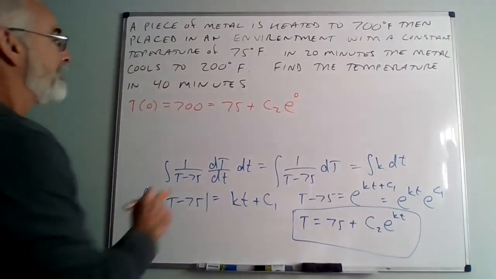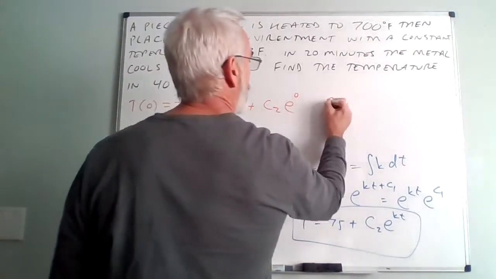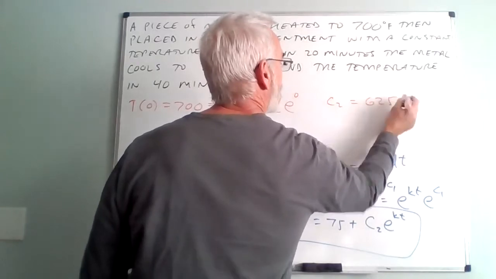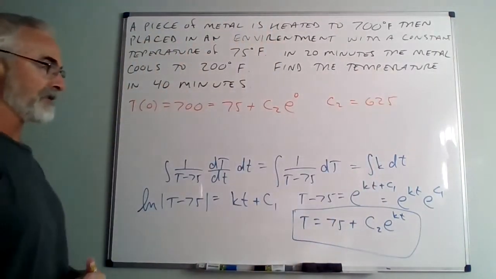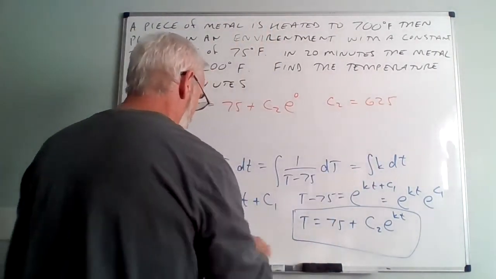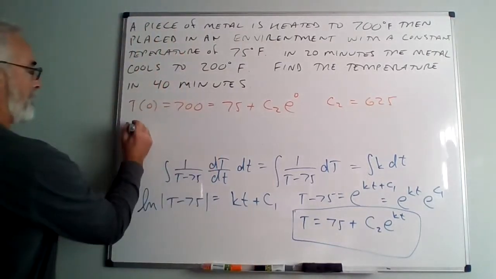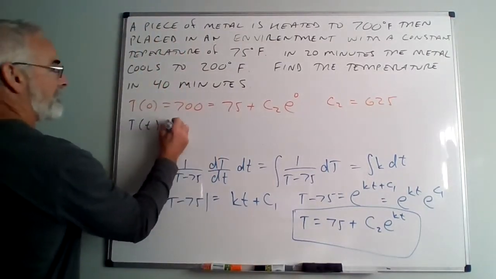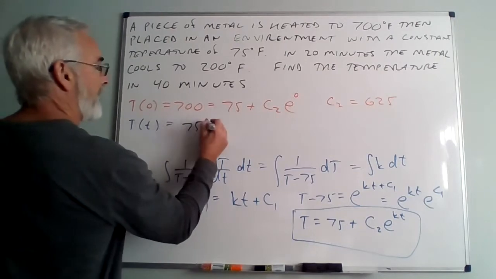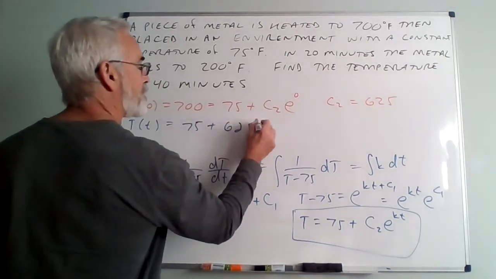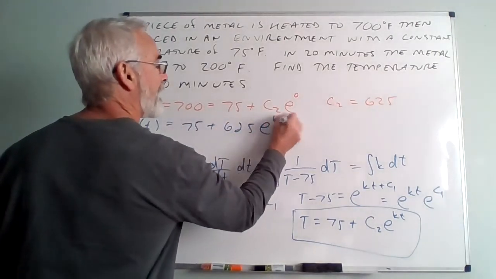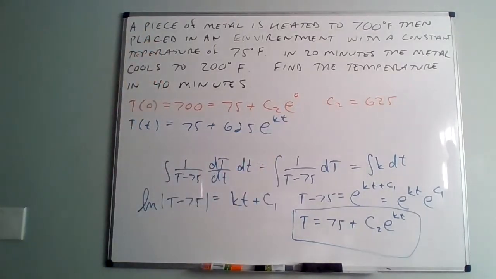That means C2 must be 625 in order to make this equation work. So now finally, we have something we can work with: T(t) is 75 plus 625 e to the kt. This is our generic equation.